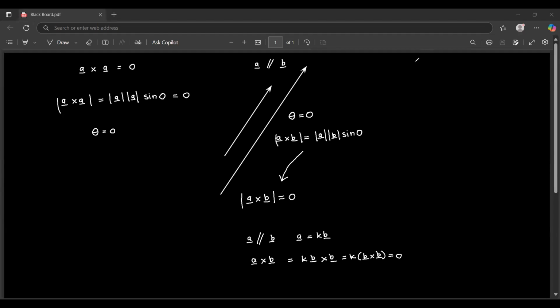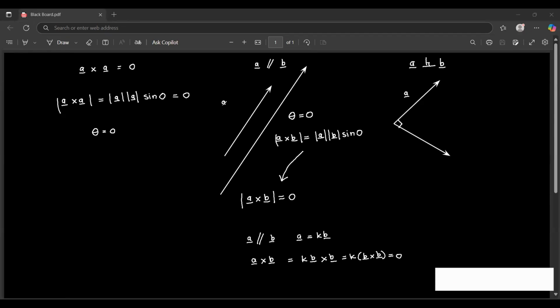Then if A is perpendicular to B, if we have two vectors like this, let's say this is A and this is B, what about the magnitude of A cross B?